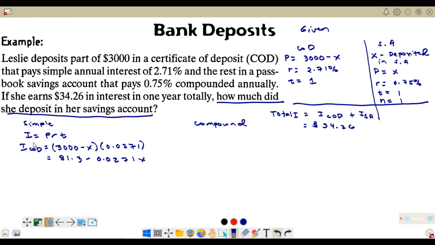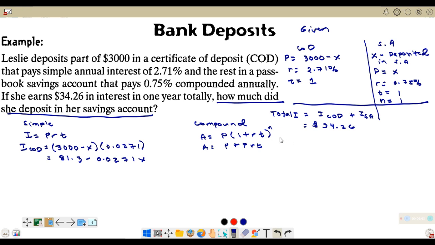Now, doon naman tayo sa compound. Di ba sinusunod lang din naman natin sa compound yung P times 1 plus RT. So, ito, tong 1 plus RT, this is actually from A is equal to P plus PRT. So, dito ang hahanapin lang din natin since your N is also equal to 1.